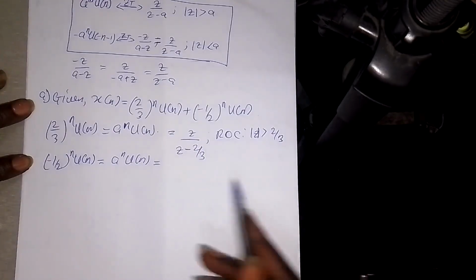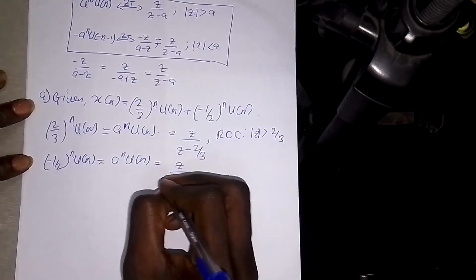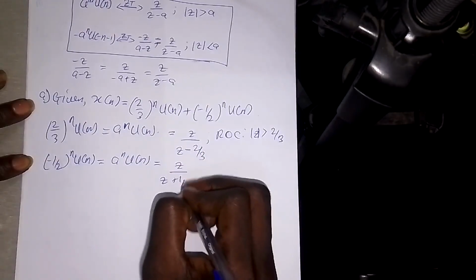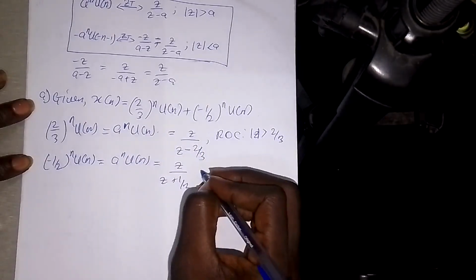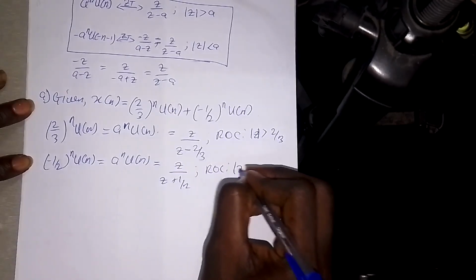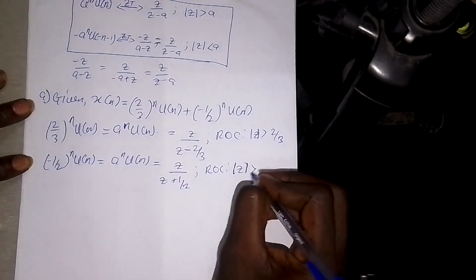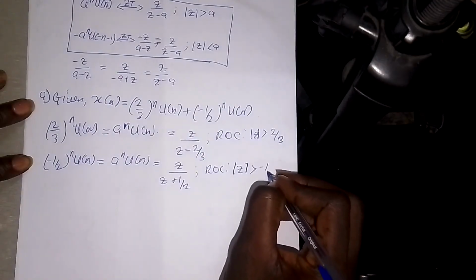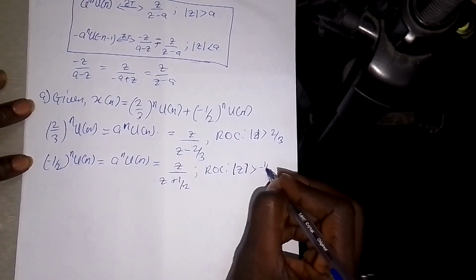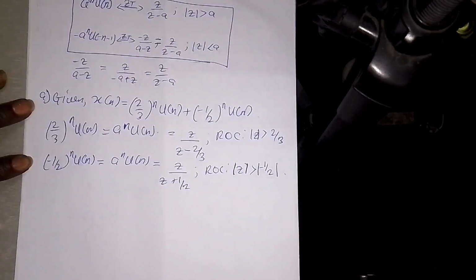Here it will be z over z, because a is minus, it will be plus 1/2: z over z plus 1/2. Our ROC is going to be mod z greater than minus 1/2, but because it's minus 1/2, we have to take the modulus of it, so that it becomes mod z greater than 1/2.